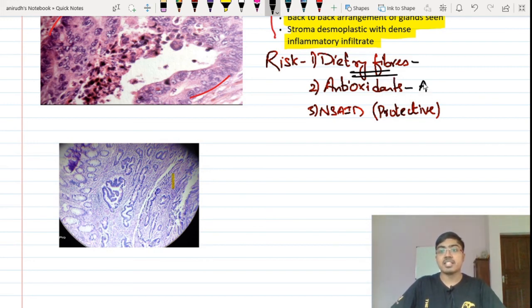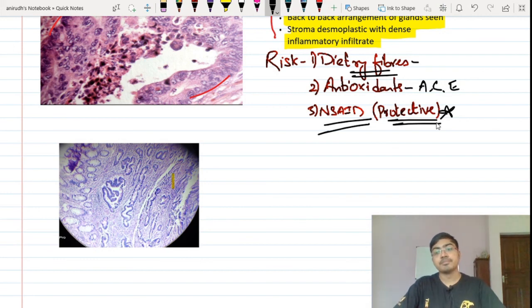Antioxidants, let's suppose you have vitamin A, vitamin C, these are supposed to be protective. Vitamin E is also protective. NSAIDs have a protective effect because they prevent proliferation, isn't it? Excessive cell growth can be prevented, and yes, there is some sort of protection against carcinoma that is also shown by NSAIDs.